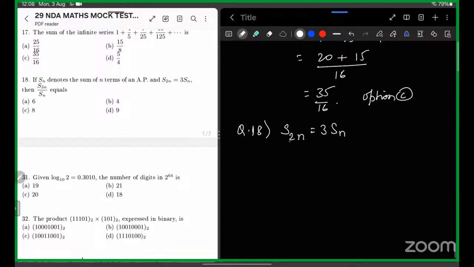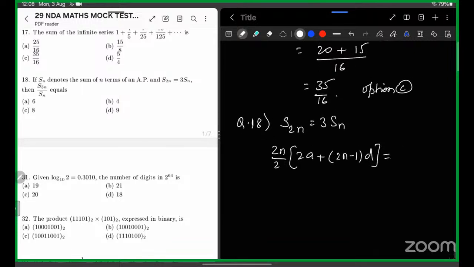So what is the formula? S 2n is 2n by 2 in bracket 2a plus 2n minus 1 into common difference d, is equal to 3 into n by 2 in bracket 2a plus n minus 1 into d.